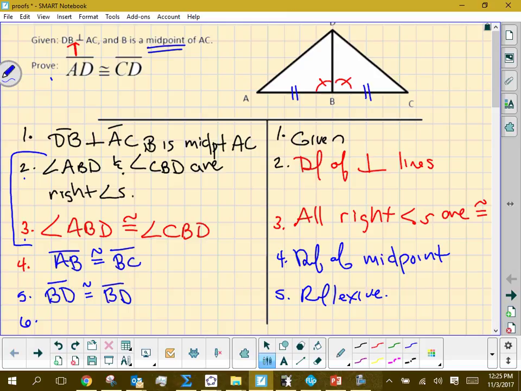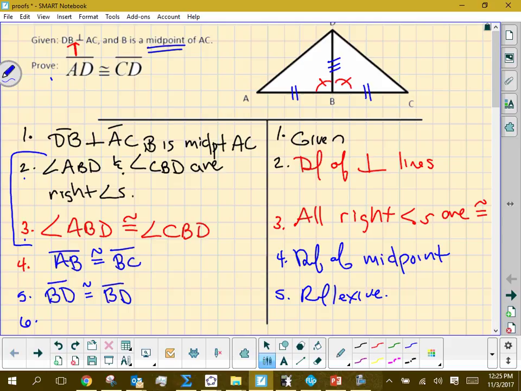Now, if I go to my picture and draw that in, if I show BD is congruent to itself, how many parts do you have labeled or identified in your picture on the left triangle? The left triangle has 3 segments and 3 angles, right? There's 6 total parts.